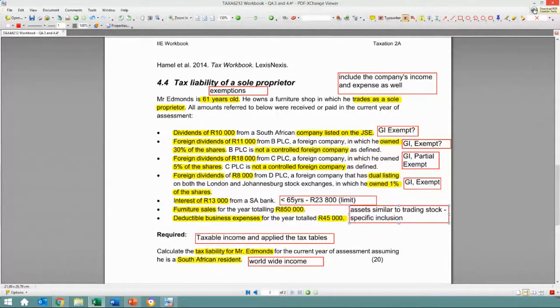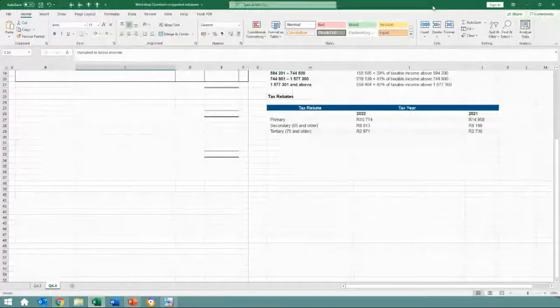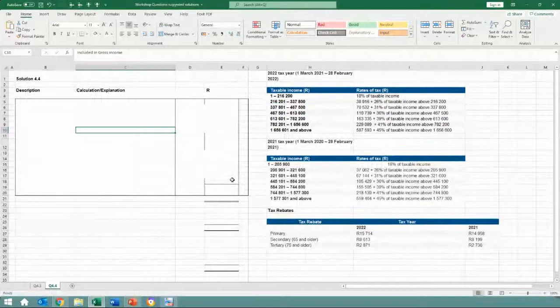I'm just quickly going to open the Excel this side. Okay, can you guys see the Excel on the screen? Can you just give me a thumbs up if you can see it on the screen?